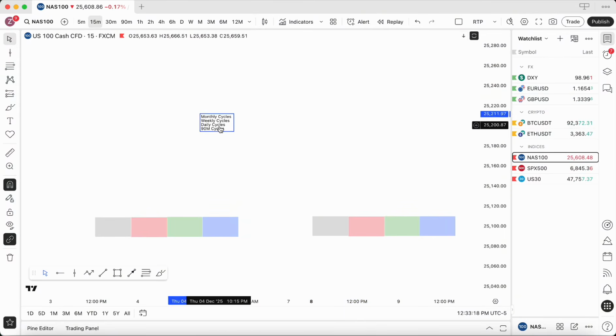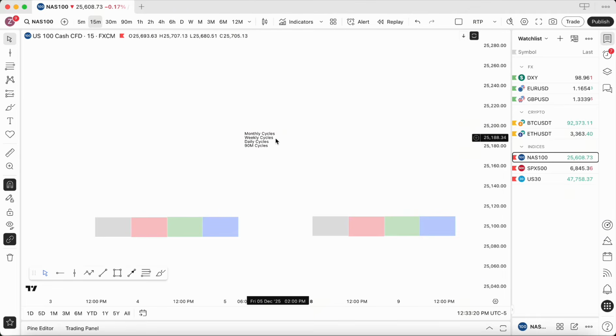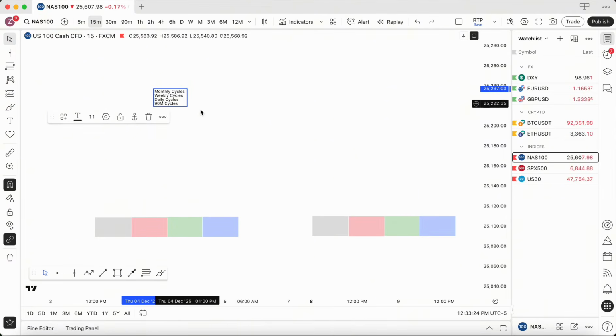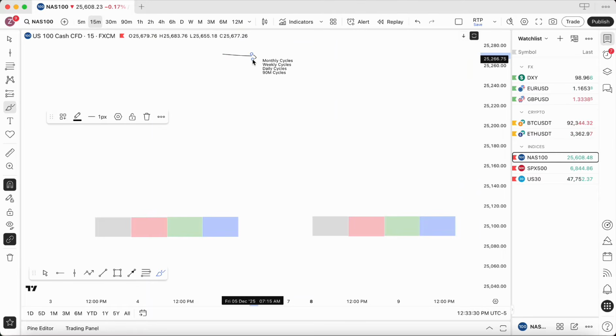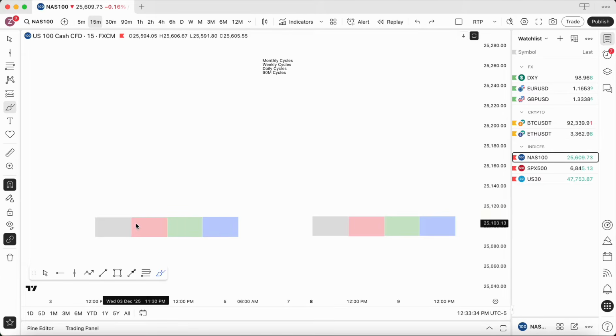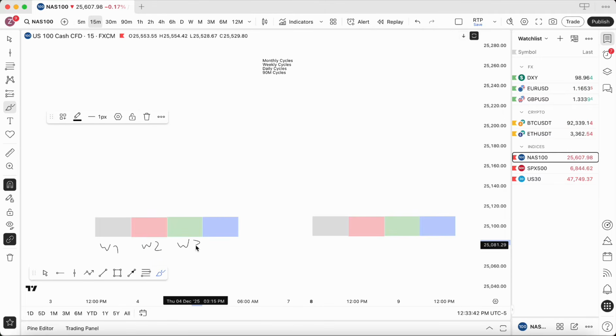So what more? You have monthly cycles, weekly cycles, daily cycles, and 90-minute cycles. Let's start with number 1, monthly cycles. Monthly SSMT cycles are week number 1, week number 2, week number 3, and week number 4.